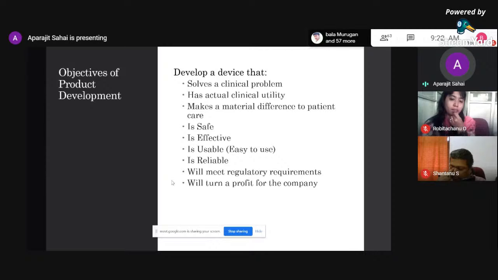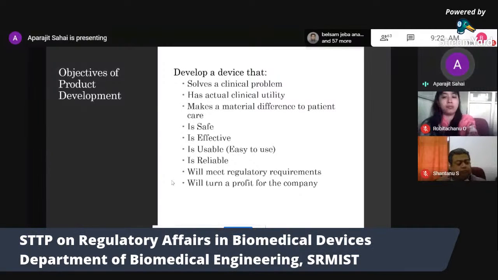It shouldn't be something that is cool, that you threw together in a lab, and then you try and find an application for it. You have to identify an issue, and in the case of a medical device, a clinical problem that needs solving, and then you need to develop a device to solve it. You can't go the other way around. So I think that's a very important thing that we need to keep in mind.